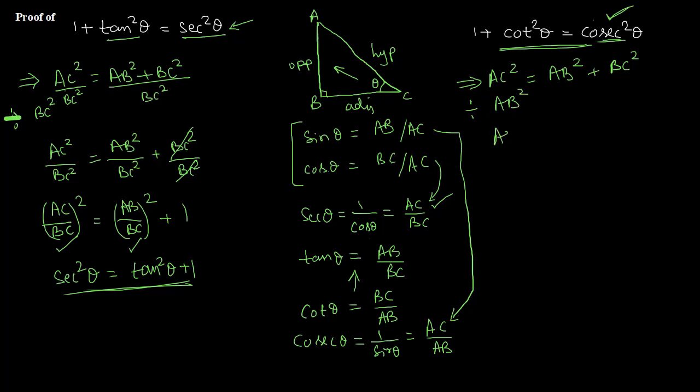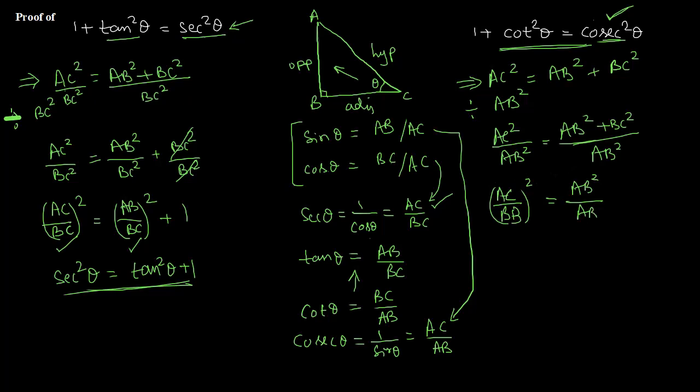So that will turn into AC square by AB square equals AB square plus BC square, whole divided by AB square. Again we'll separate the terms in the numerator: AB square divided by AB square, plus BC square divided by AB square.